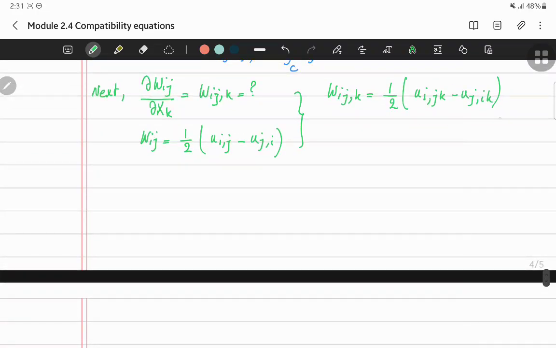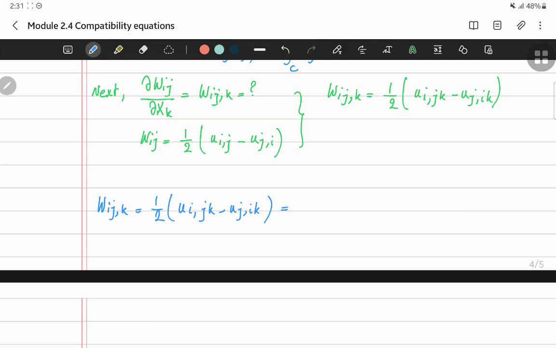All right, so now we have this: wij,k is equal to half of ui,jk minus uj,ik.